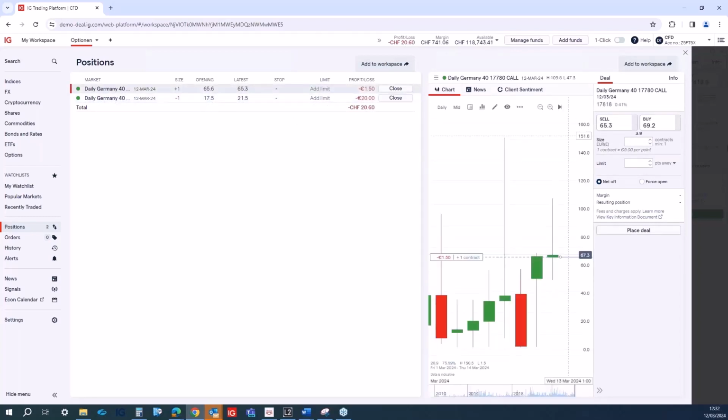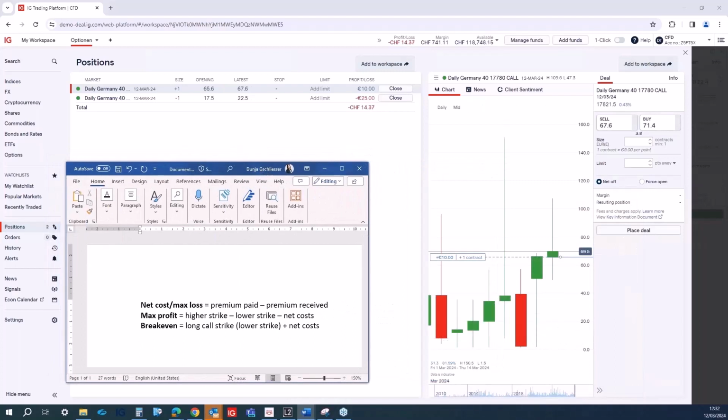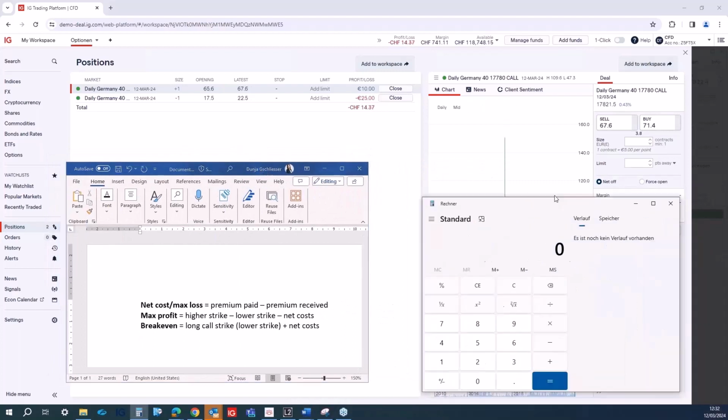Let's look into a couple of calculations. We will check what our net cost or max loss is, what our maximum profit is, and what our break even is. I'm going to show you the formulas here. I just put them into a Word document and we'll calculate them together based on this example.